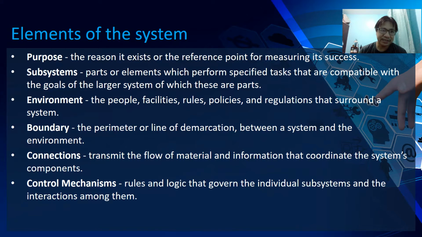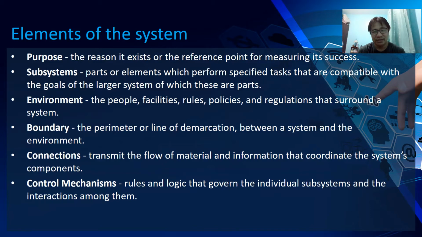So these are the elements of the system. The purpose, the subsystem, the environment, boundary, connections, and control mechanism. So that is the elements of the system. First we have purpose.